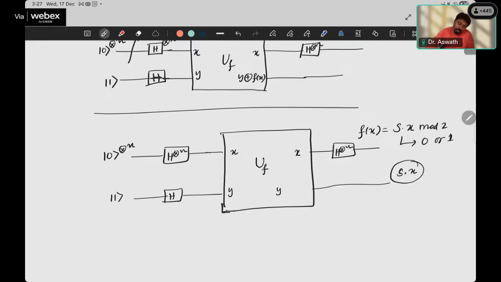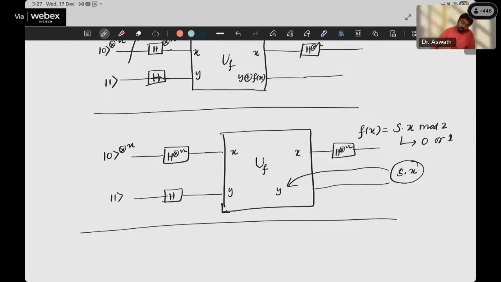So that function is going to be modified here. We will see step by step how it is done in a circuit. So this is the modification.